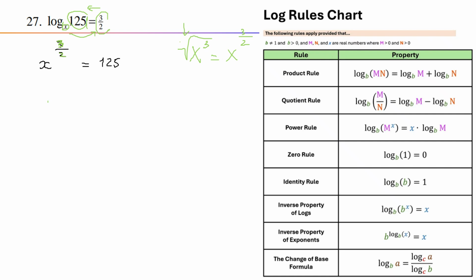So you have square root of x to the power of 3. And also you can write the power outside. Okay, this one also equals square root of x, to the power of 3. I will write that down like that in this case because that will be easier to solve. That equals 125.